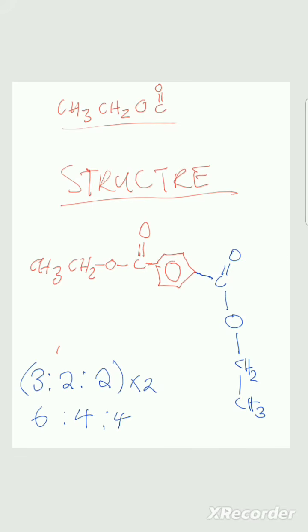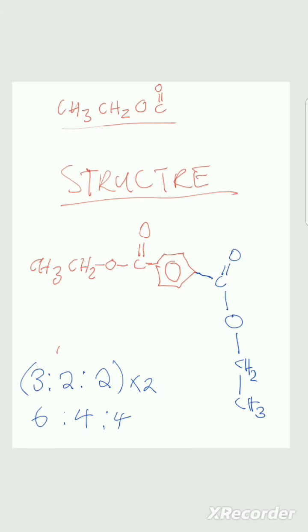Let's find the mass so that we can see if it corresponds to the one given in the question. I'm going to count the number of carbons. Here we have 6, 7, 8, 9, 10, 11, 12.